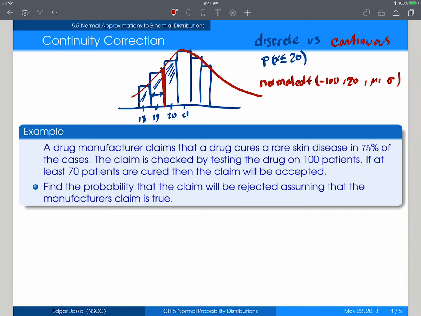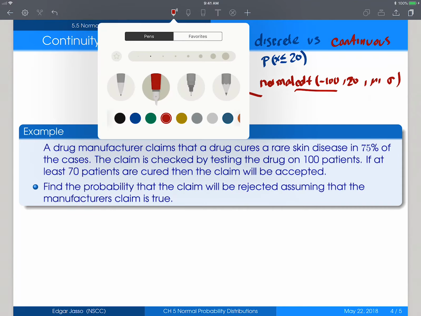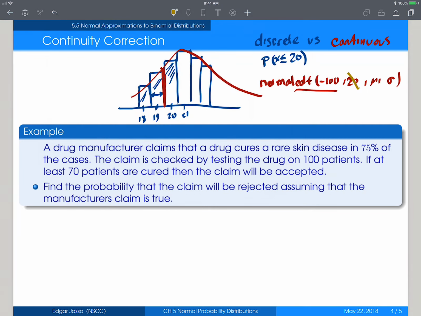So how do you handle this? Well, if you want to include the 20, then on the normal curve, you really should not be doing 20. You should be doing 20.5. Why? Because that way you'll be including this rectangle, this area from here, and that's the area you want, right?